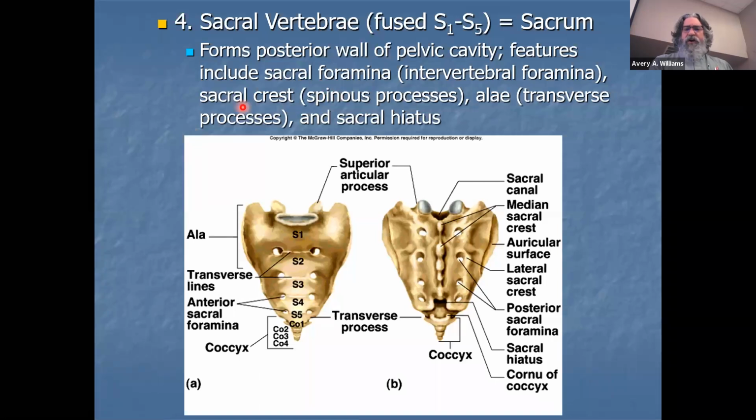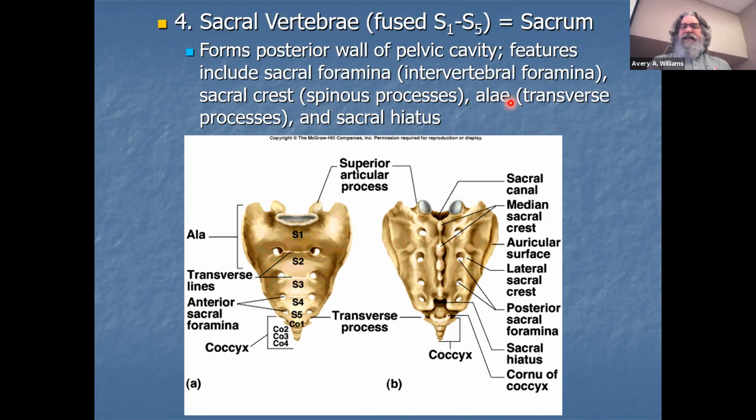There's also the sacral crest, that you can see posteriorly right here. Basically, what the sacral crest is are fused spinous processes. Remember spinous processes, that center median structure that sticks off the lamina? That's what you've got there. That's what forms the sacral crest.